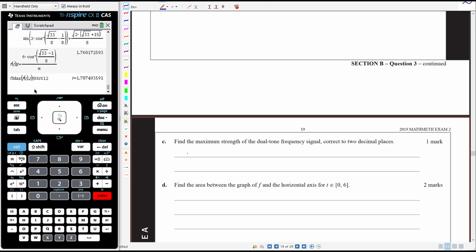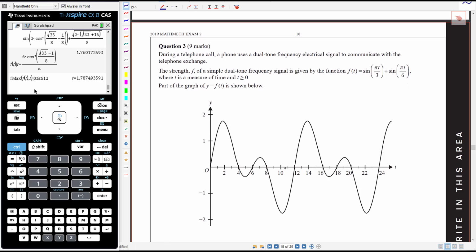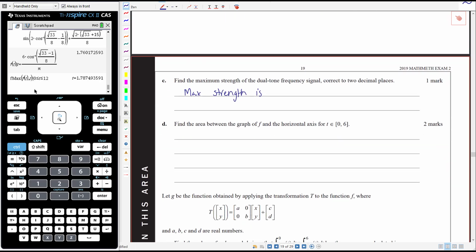Okay, so we get max strength is, I don't think we have any units for the strength either. F is the strength, it doesn't tell us what that's measured in. So max strength is 1.76, and that happens when t is 1.79 to 2 decimal places.